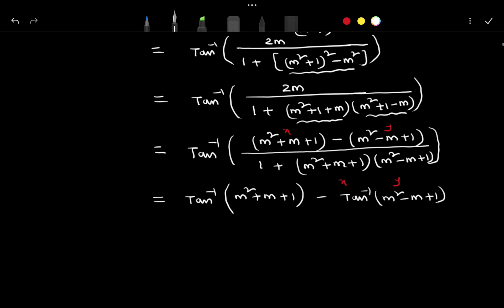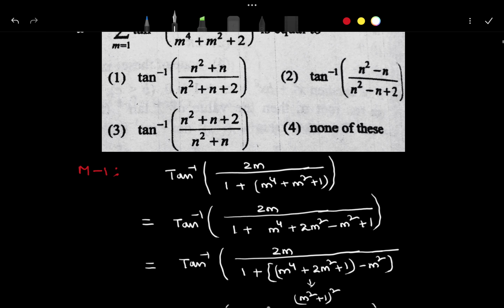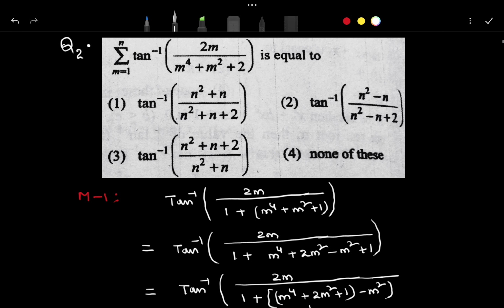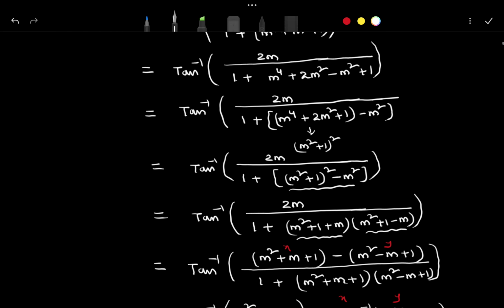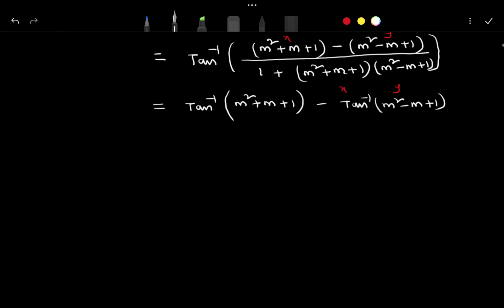Now once you go to the given question, the given question will be sigma m equals 1 to n tan inverse of 2m whole divided by m power 4 plus m square plus 2. So now you take that sigma.